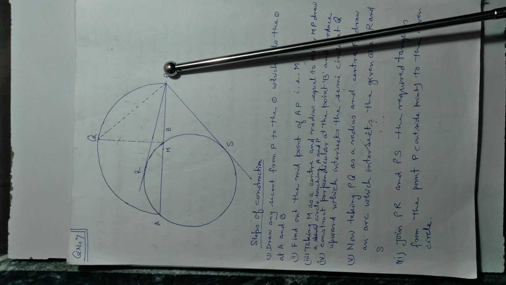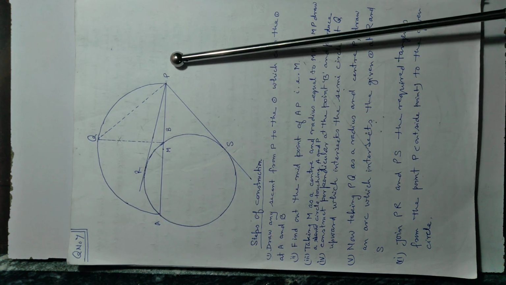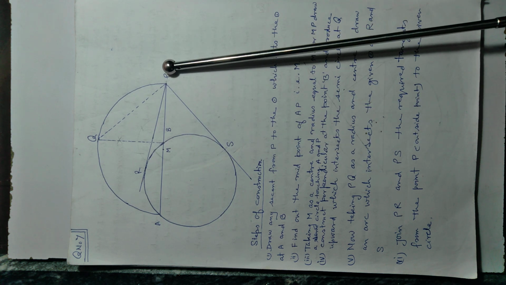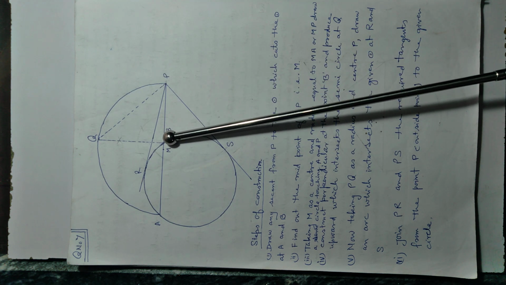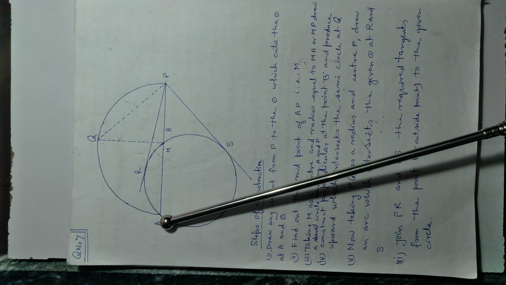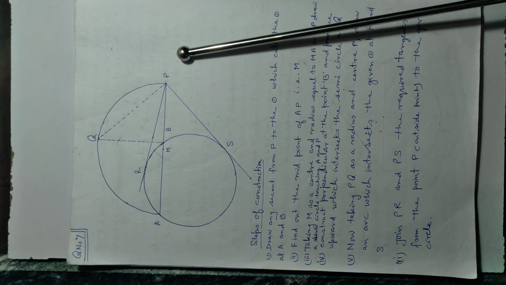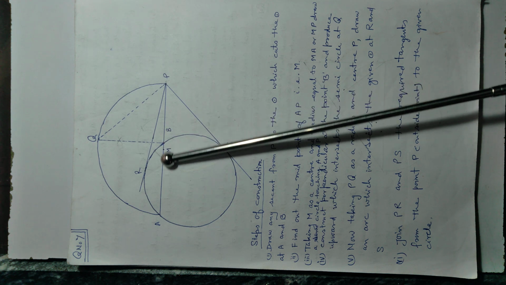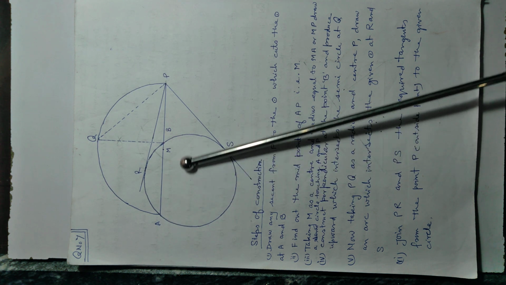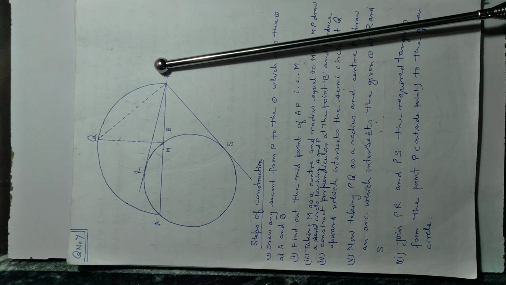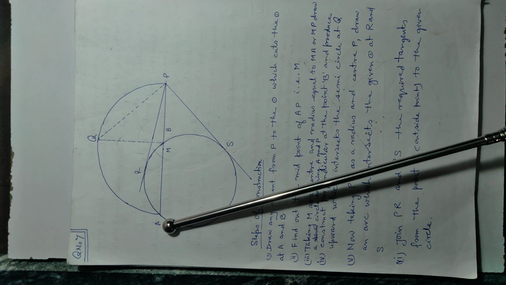हमने क्या किया, एक सीकेंट ड्रा किया। सीकेंट मीन्स a line which cuts the circle at 2 points. So PBA is a secant which intersects the circle at A and B. Now find out the midpoint of PA.